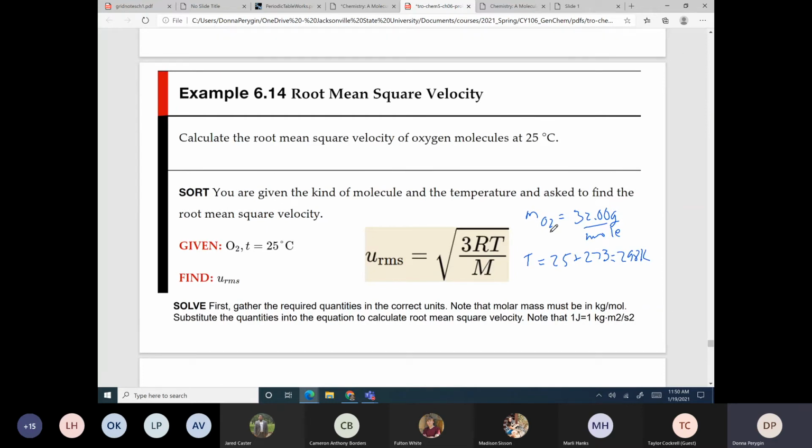It is in kilograms per mole. Okay, and the R here is in joules per mole Kelvin. So we're actually using a different R, and we're using a different molecular weight kind of thing.